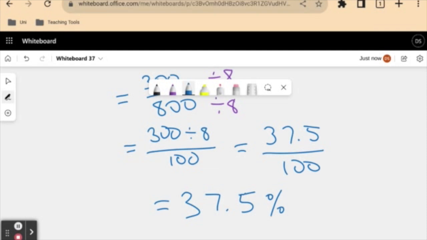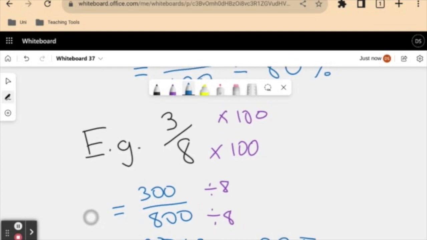So we notice that no matter what number we have on the denominator, we can get this to 100 by first scaling it up by a factor of 100 and then just dividing.